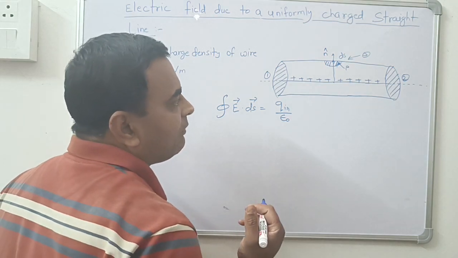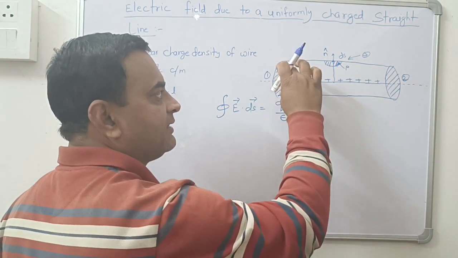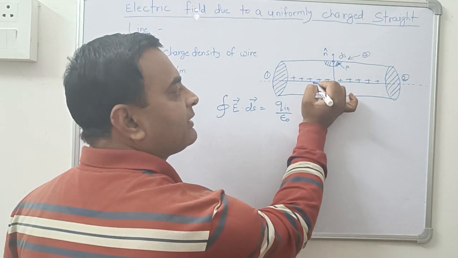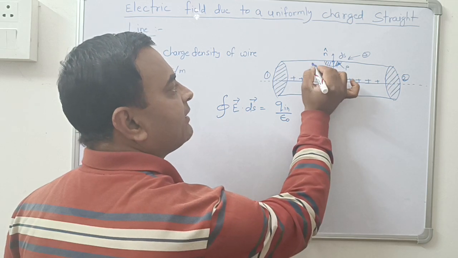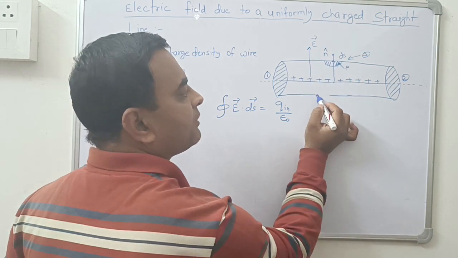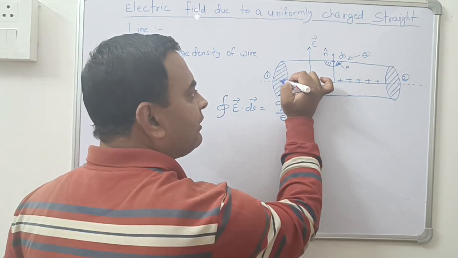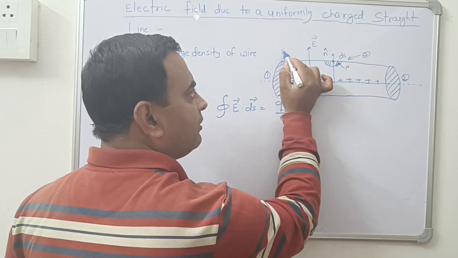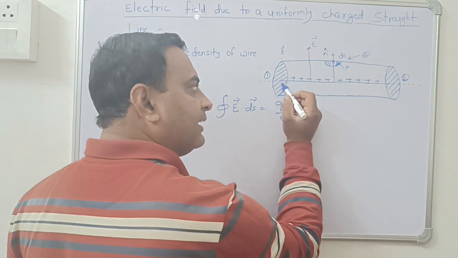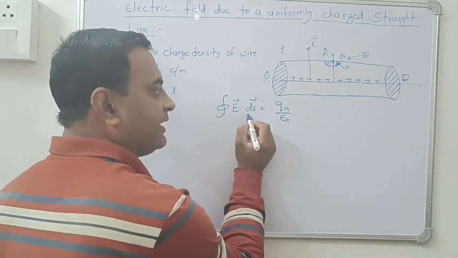So what is happening here? If you see, there are three areas. This is cross sectional, and what is the electric field due to this wire? Obviously it will be straight this side. This side is your E. Now here also, at this point, the electric field will be in this direction, whereas for this cross sectional area, you must know the area vector.